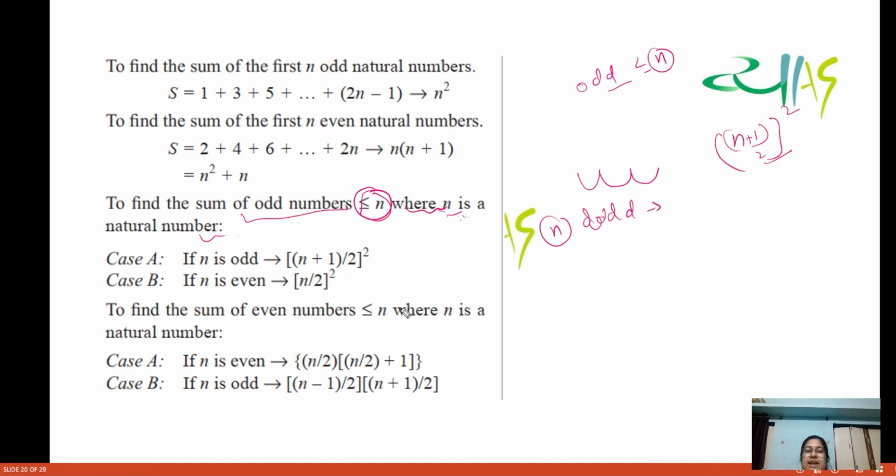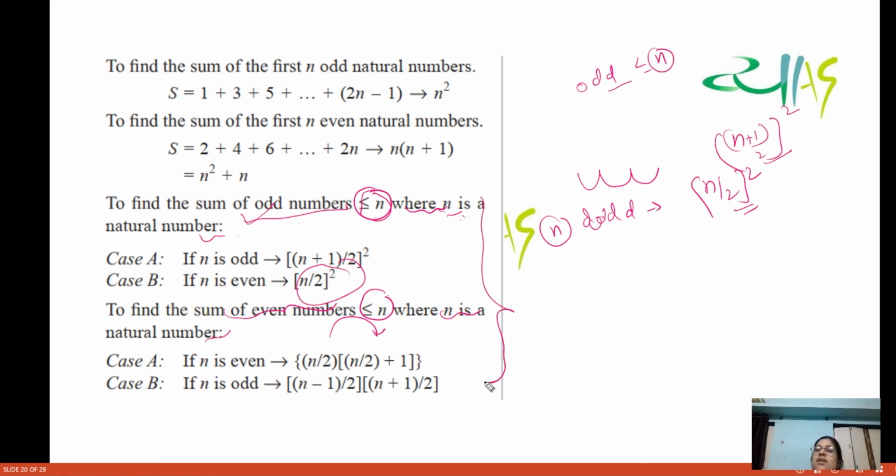Okay, and if n is even then that will be n by 2 whole square. Okay, so remember this. Similarly, to find the sum of even numbers less than or equal to n where n is a natural number, तो आप ये फॉर्मूला याद कर सकते हैं.